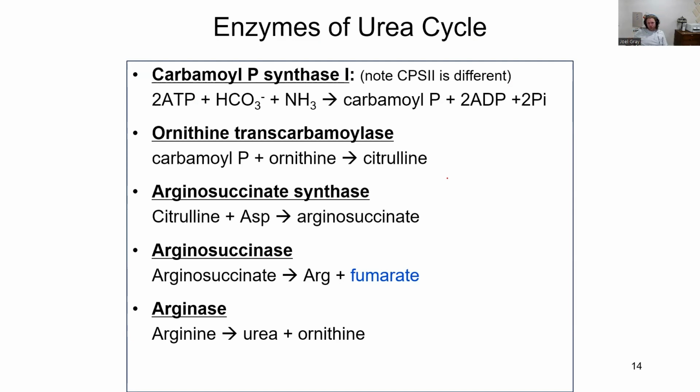Ornithine transcarbamylase is going to take carbamoyl phosphate and ornithine to make citrulline. Arginosuccinate synthase will take citrulline and aspartate to make arginosuccinate. Arginosuccinase will take arginosuccinate to make arginine plus fumarate. Arginase will take arginine to release urea and ornithine.